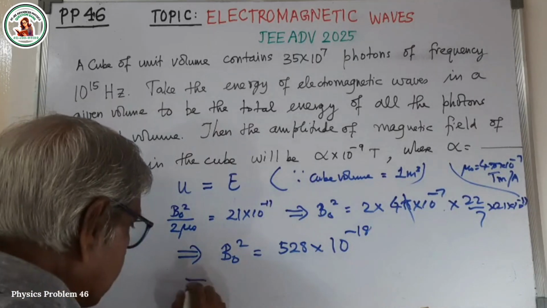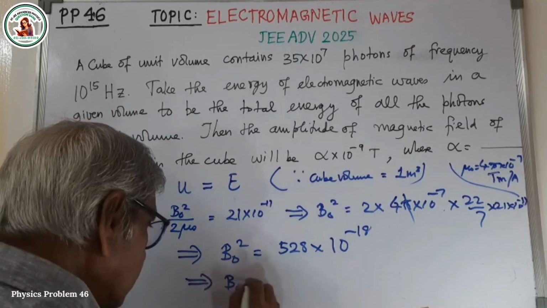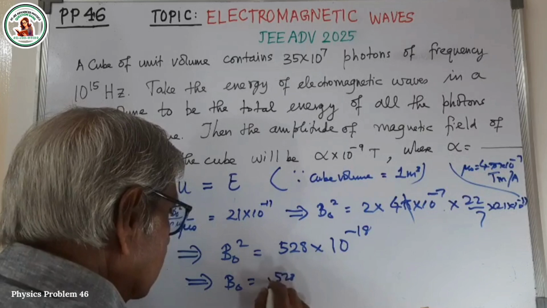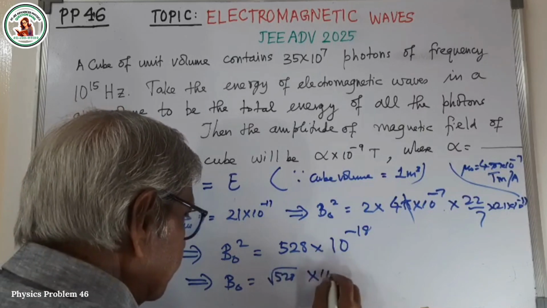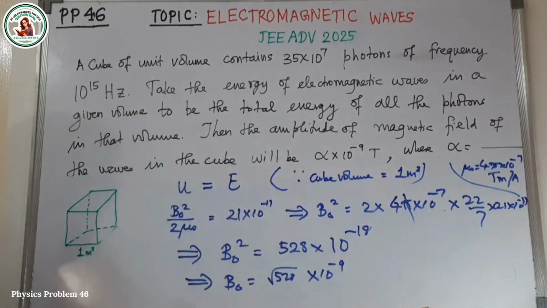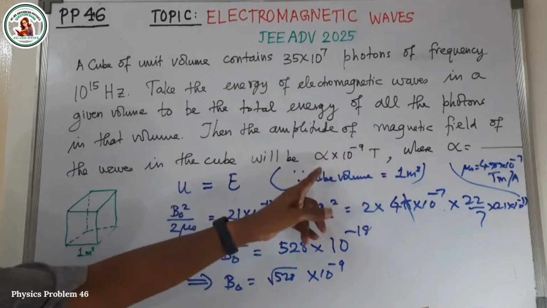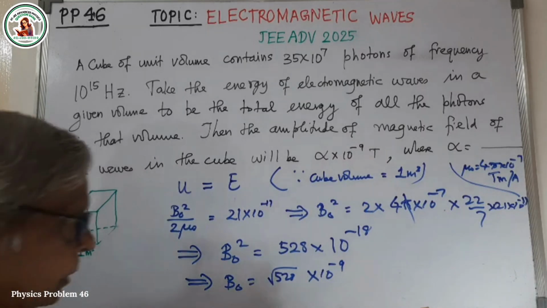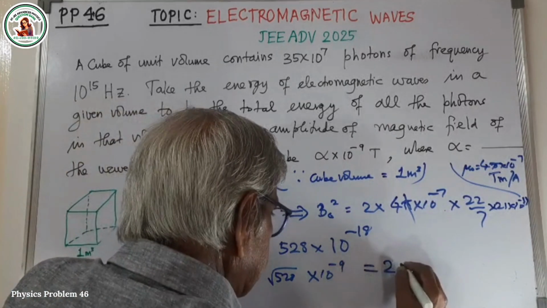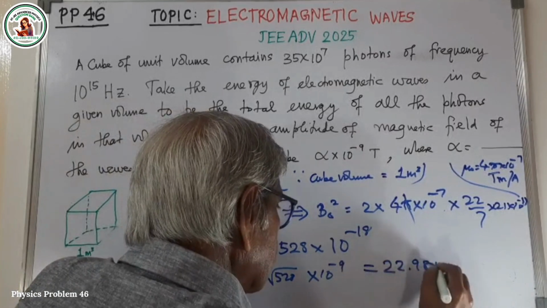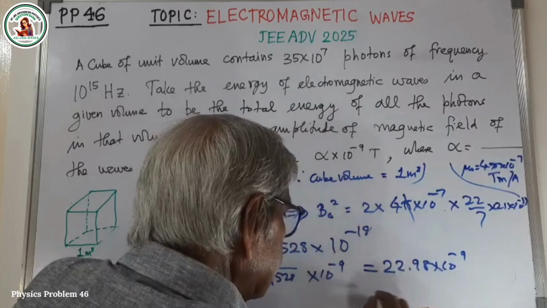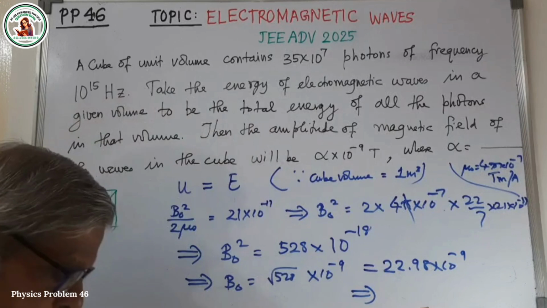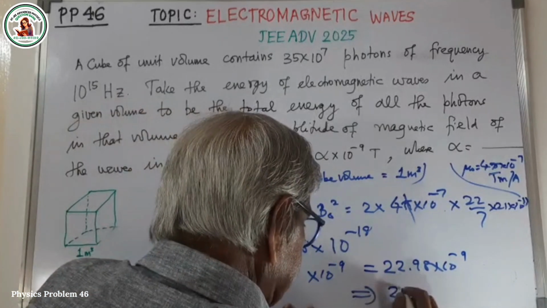This implies B naught equals square root of 528 into 10 minus 9. So alpha into 10 minus 9 is the given value, so many Tesla. If you work out the square root of 528, it will be 22.98 into 10 minus 9. Which implies our alpha, which we want, is equal to 22.98.